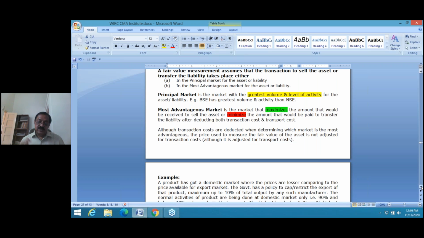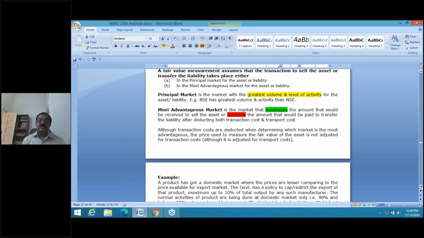Now there are two types of costs incurred when you sell the asset. One is transaction cost, like brokerage. Another is transportation cost, meaning you have to deliver the goods to the market. So when you find the price, whether of the principal market or most advantageous market, all the transaction costs are deducted while determining which market is most advantageous.